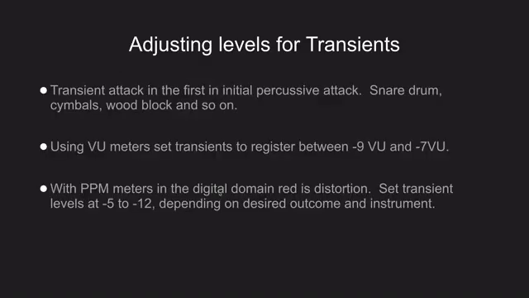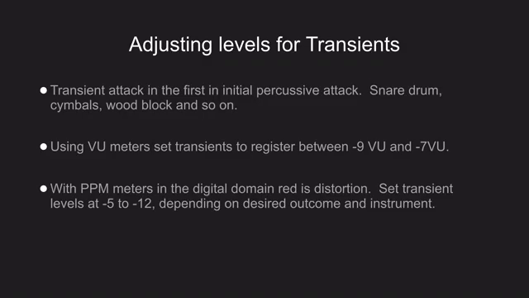Okay, let's talk about adjusting levels for transients. Transient attack is the first initial percussive attack. Snare drum, cymbals, woodblock, and so on. These all have very high, what are called high transients.